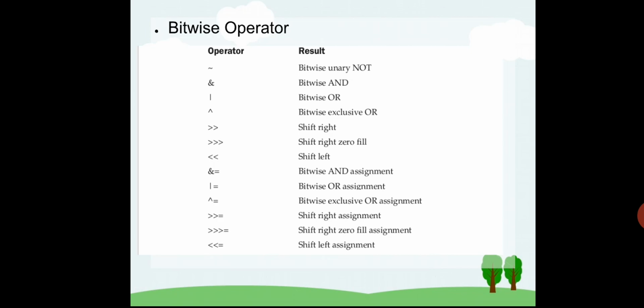bit concepts. Why? Because ultimately bit is nothing but either 0 or 1. That is nothing but true or false, or on or off, isn't it? So whenever you are dealing with some electrical signals or these kinds of projects, you require these bitwise concepts. Fine. So until you apply these concepts, you will never understand the actual use of this.